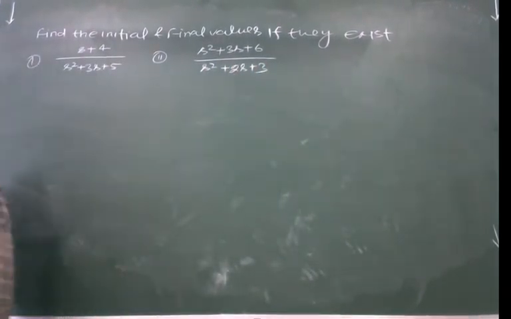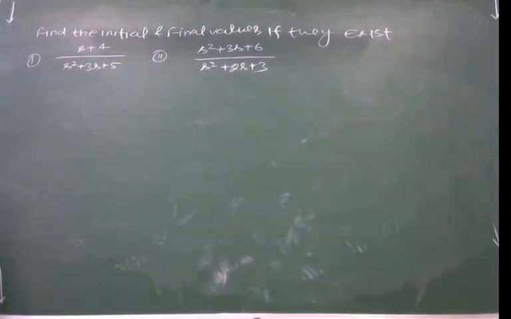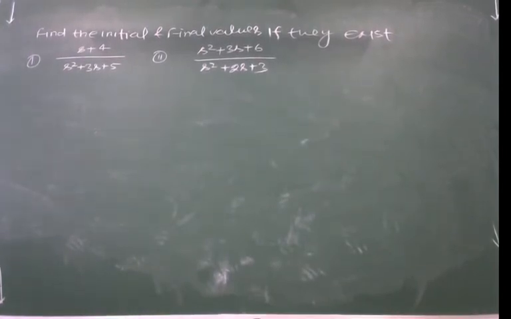For this given example, we have to find the initial and final values of the given relation, but first we have to check the existence of the final value of the system.